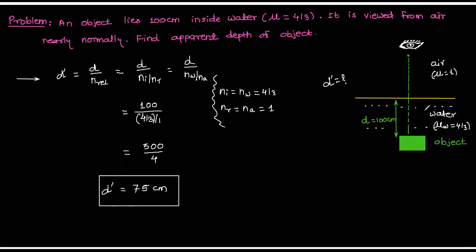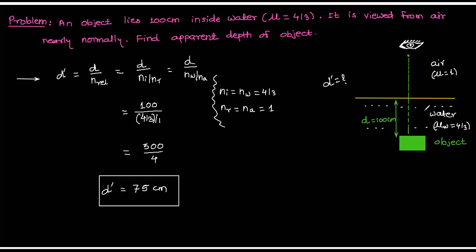Yes or not? It is a commonly experienced example. You keep a coin inside water and you try to see it from air. The coin will appear to be raised. It is not at that much depth as it is actually present. Isn't it right?